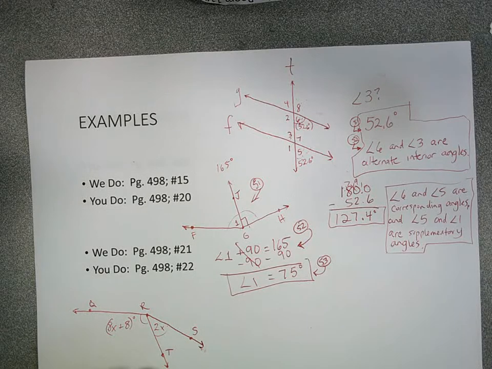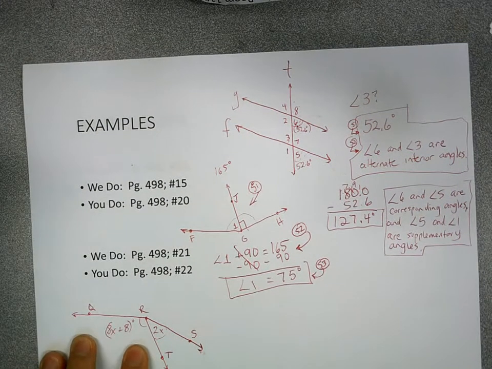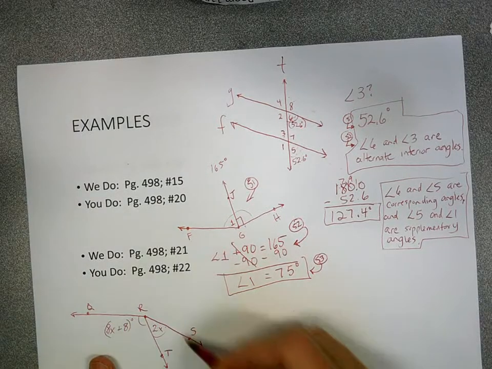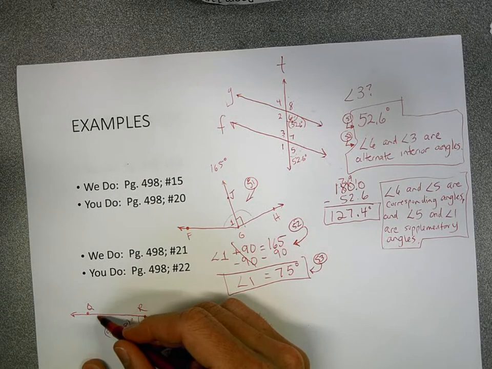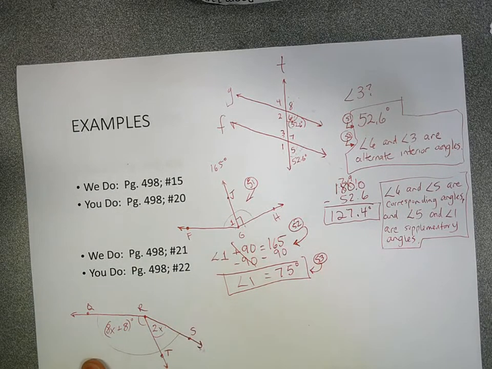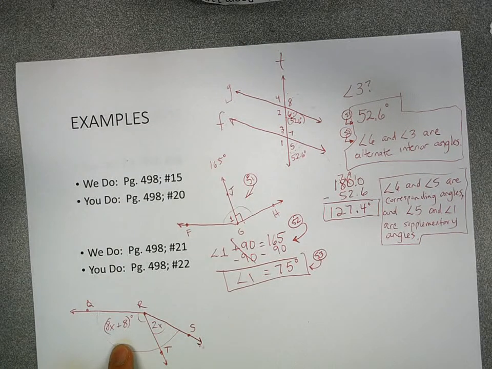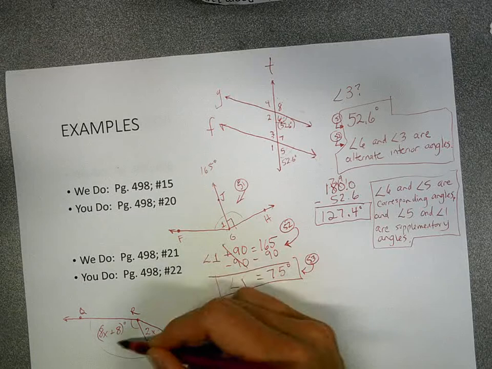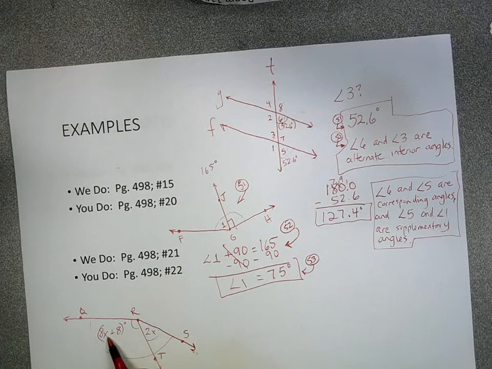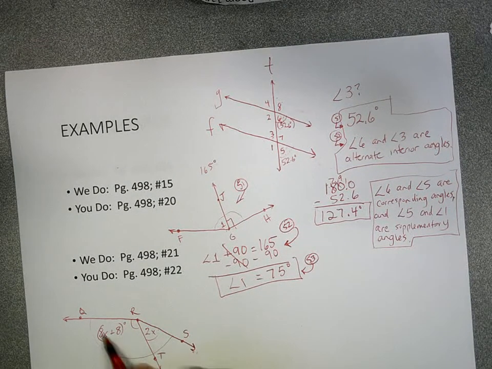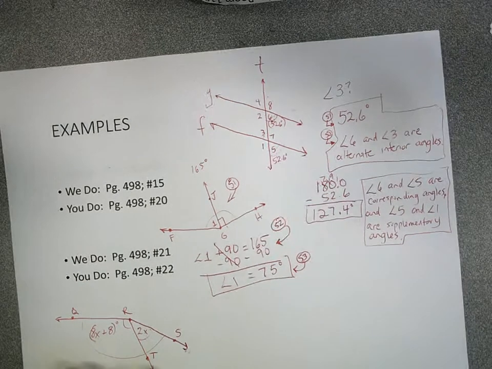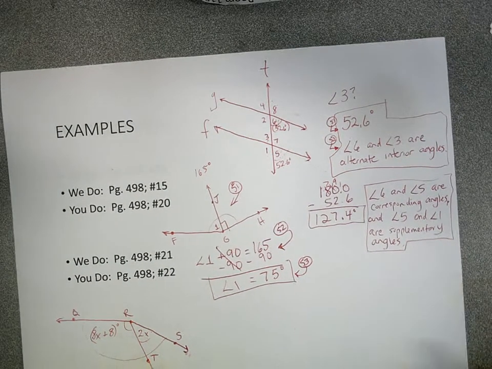What they do tell us in the directions is angle QRS, which is this whole angle here, is equal to 158 degrees. And what I do know is that these two adjacent angles, QRT and TRS, together are going to equal that larger angle.